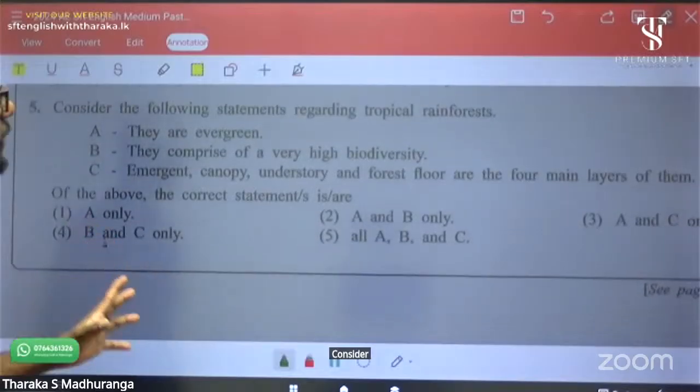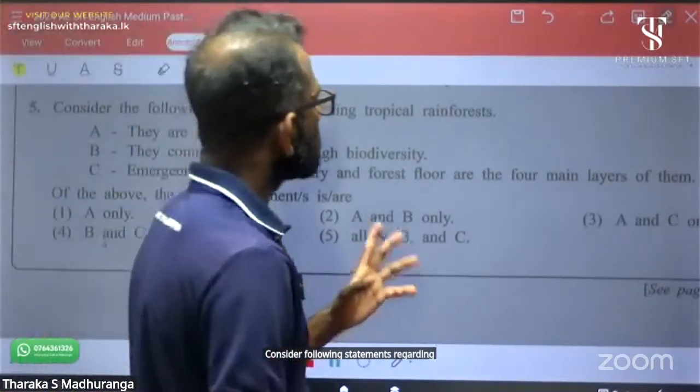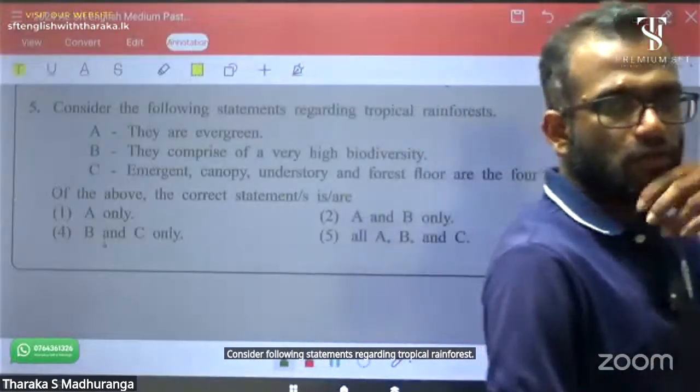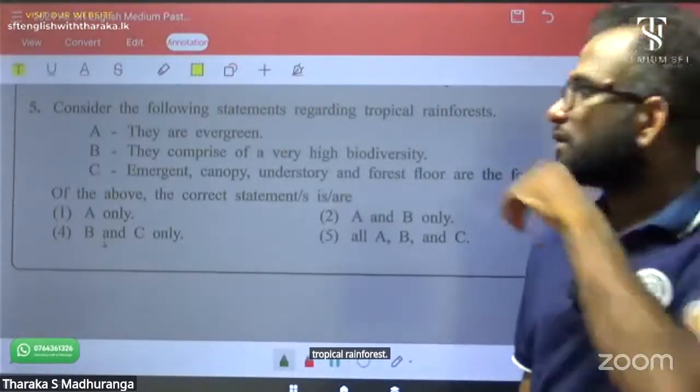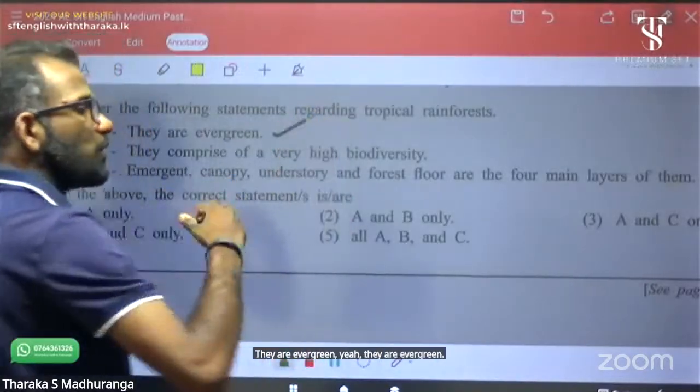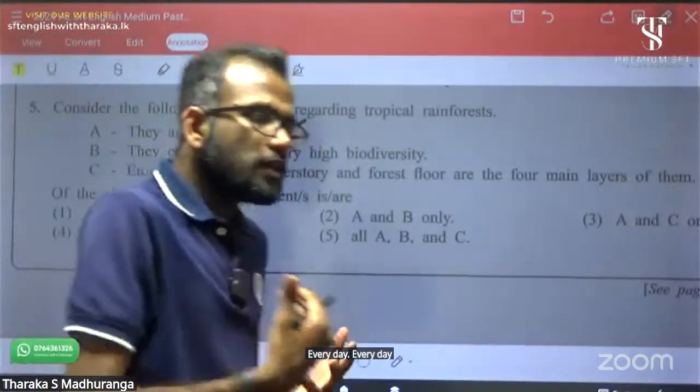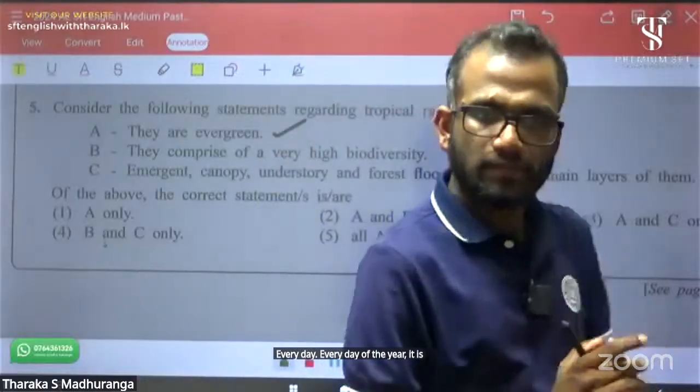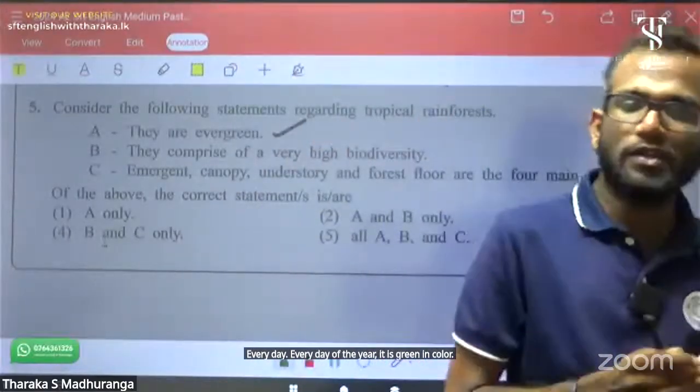Consider the following statements regarding tropical rainforest. They are evergreen. Yeah, they are evergreen. Every day of the year it is green in color, right? That's the meaning of evergreen.